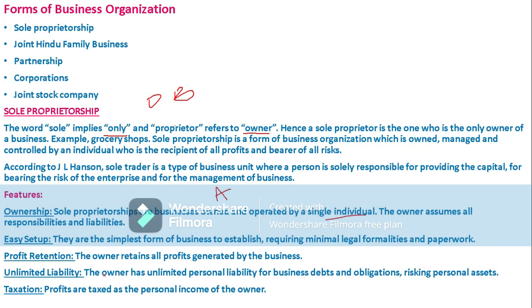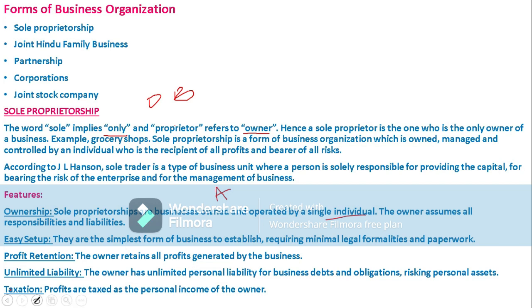He is the single person, so he has to bear the risk. As he enjoys profit solely, likewise if the business undergoes any losses, he definitely has to bear that risk. So that is unlimited personal liability.